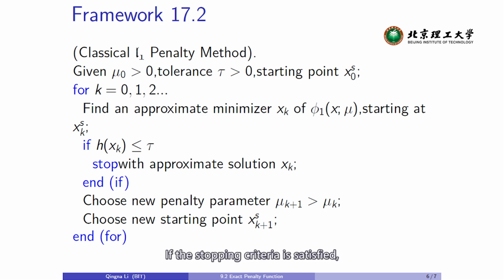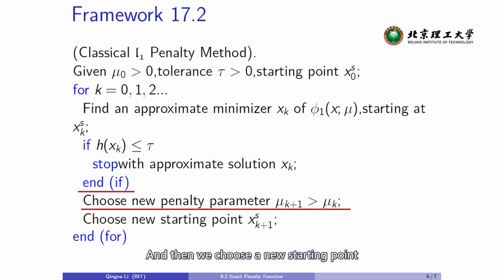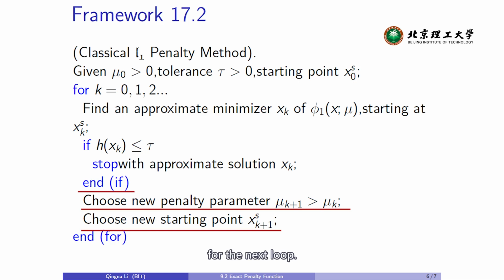If the stopping criterion is satisfied, then we stop the outer loop. Otherwise, we choose a new penalty parameter greater than the current one, and choose a new starting point for the next loop. The iteration goes on until the final stopping criterion is satisfied.